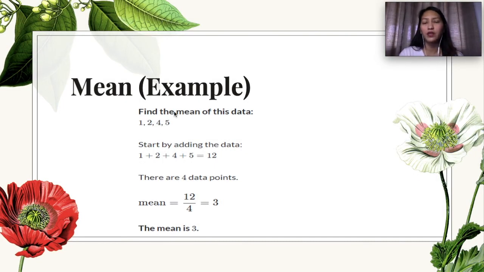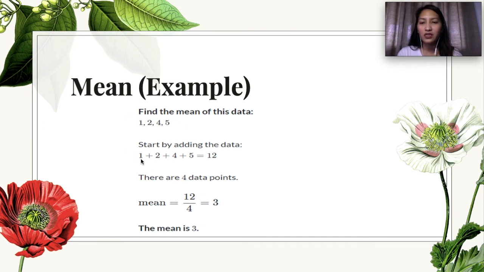Ito yung example. Find the mean of this data, 1, 2, 4, and 5. Ilan yung sample size natin? Ilan ba yung 1, 2, 4, and 5? Ilang items yan? 4. So to get the mean, you just have to add all your data and then divide it by your sample size.